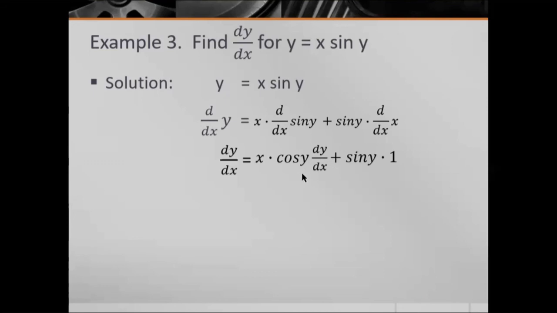Pagsamahin natin na yung parehas na merong dy over dx. Itong sin y times 1, pwede natin dalhin sa left, magiging negative sin y. At yung natira ay x cosine y dy over dx minus itong dy over dx na nasa left, dalhin natin sa right, magiging minus dy over dx.